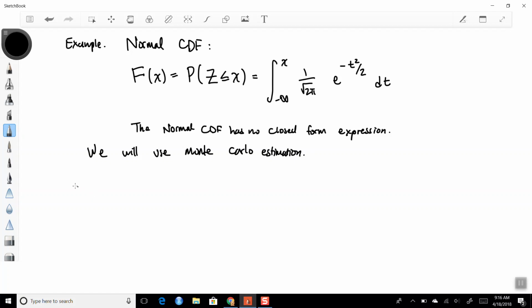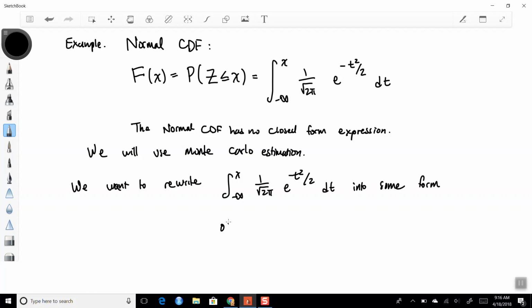All right, so basically we want to rewrite this integral, negative infinity to x of 1 over root 2 pi e to the negative t squared over 2 dt, into some form of the integral over the entire space D of h of x and f of x dx, where x is drawn from f of x and D is the support of x.